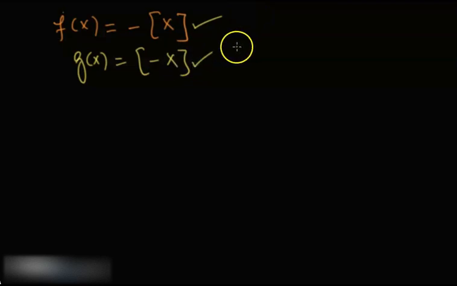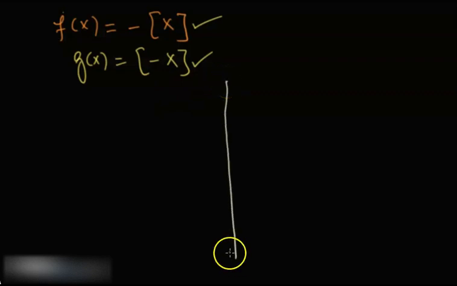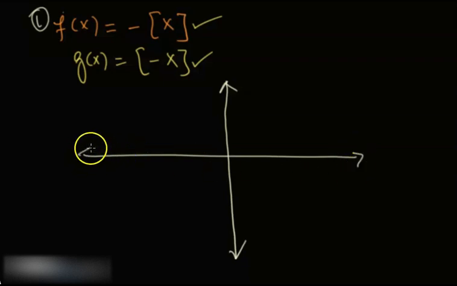The page that was here will stay, because it lies on the x-axis, so it will remain there. And the part of the integer function which is here, we move 1 unit here, and similarly this way.